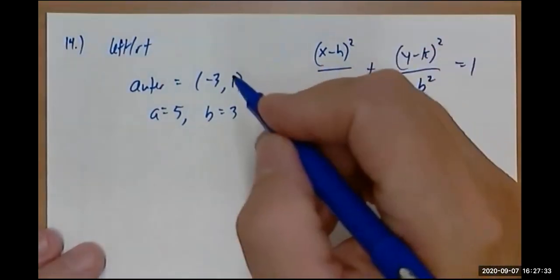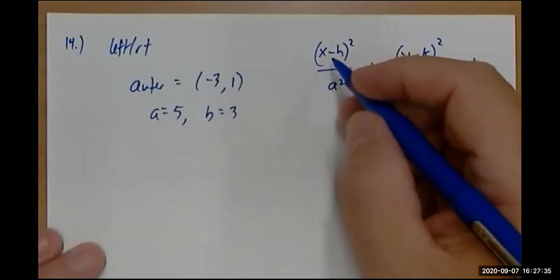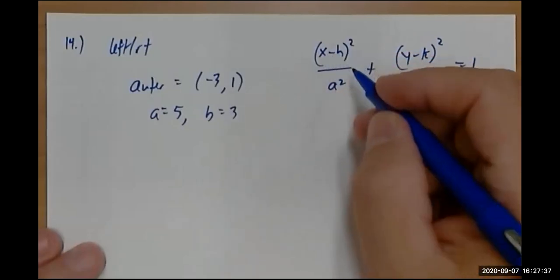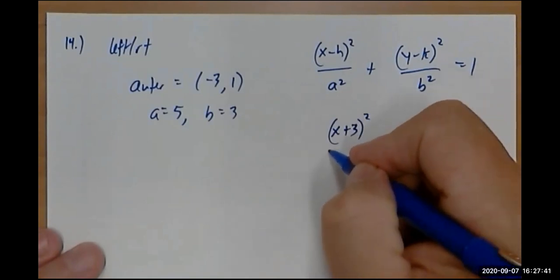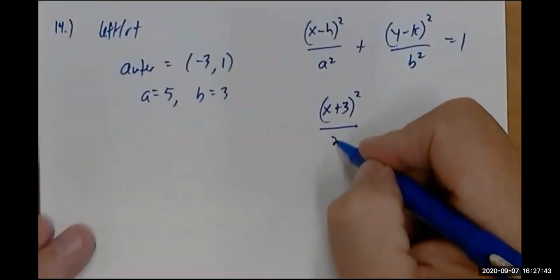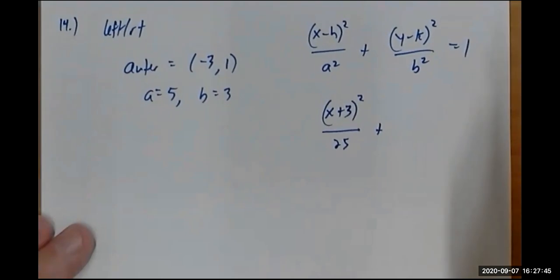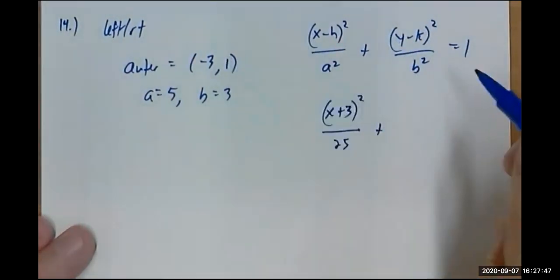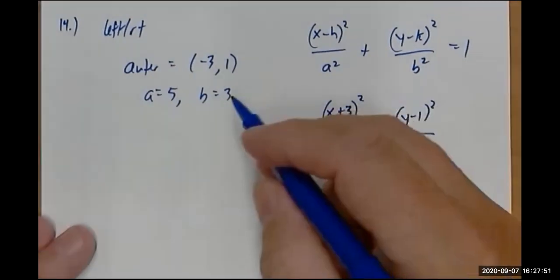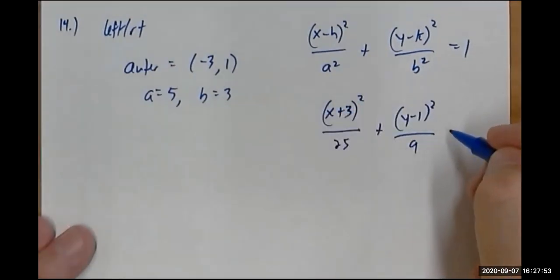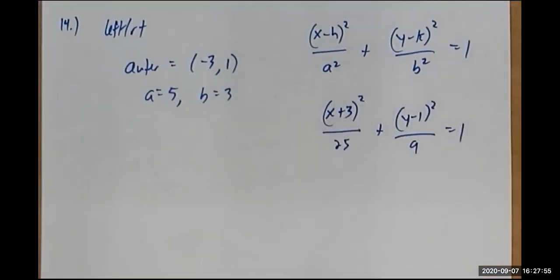So here we go. h is -3, so x minus a -3, x plus 3 squared, a is 5, over 25. y minus k, k looks like it's 1, squared over b squared, 3 squared, which is 9. That should be it.